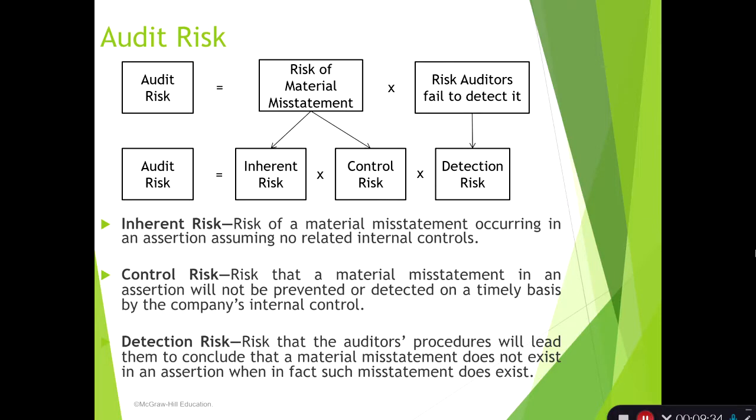And that's the risk that the company's internal control won't prevent or detect it in a timely way, like prior to the auditors getting in. And so those two pieces make up the risk of material misstatement, and then the auditor's piece is detection risk. That's the risk that we're not going to catch a material misstatement and it's going to make it through to the published financial statements.